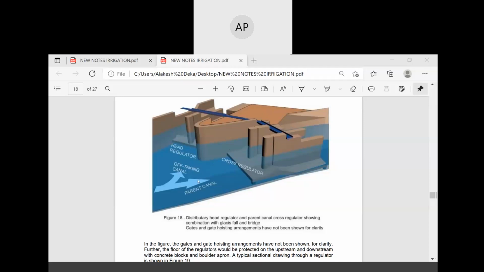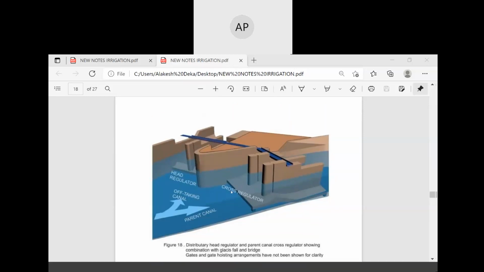In this figure, the cross regulators are shown: where the parent canal is going, where the head regulator is situated, and where the cross regulator is situated. We have already discussed these things. I just want to show you the figures because in these notes the figures show them clearly. This figure shows the distributary head regulator and the parent canal cross regulator in combination with a glacis fall and bridge.